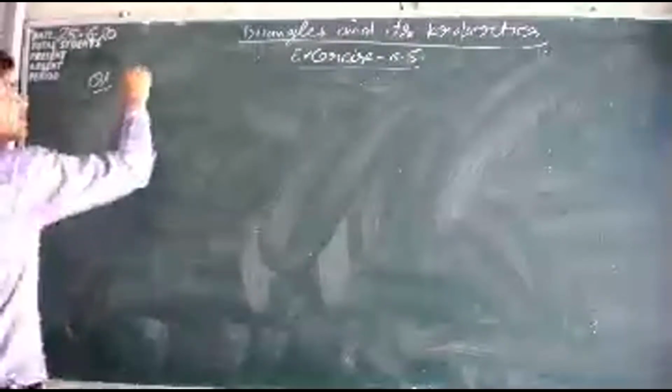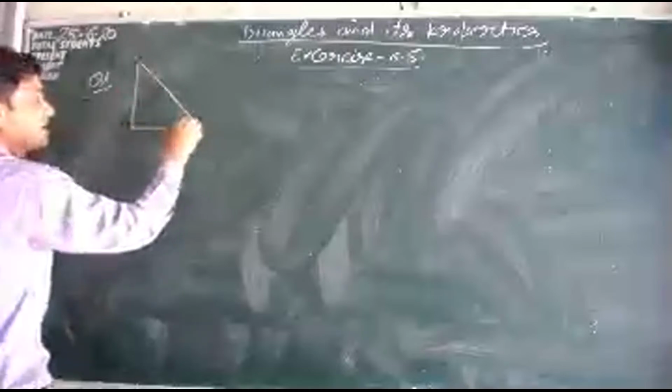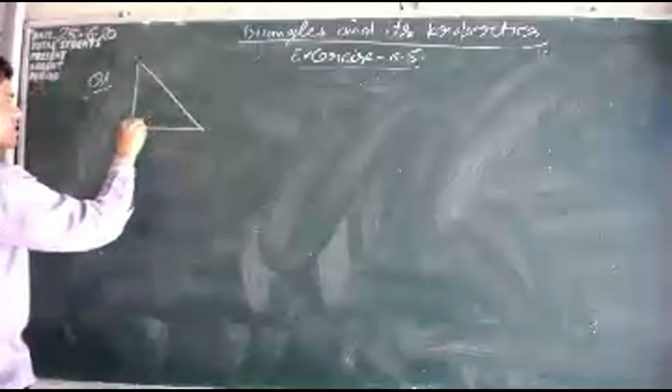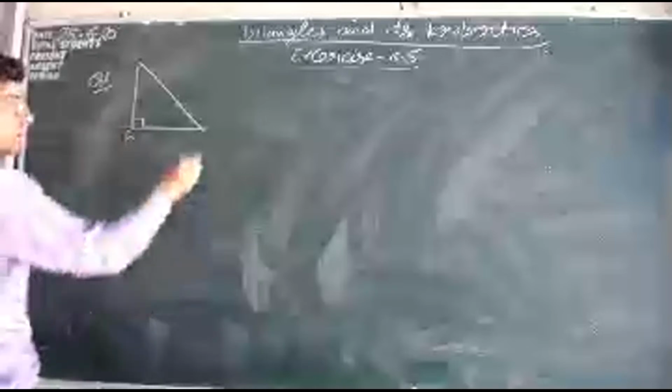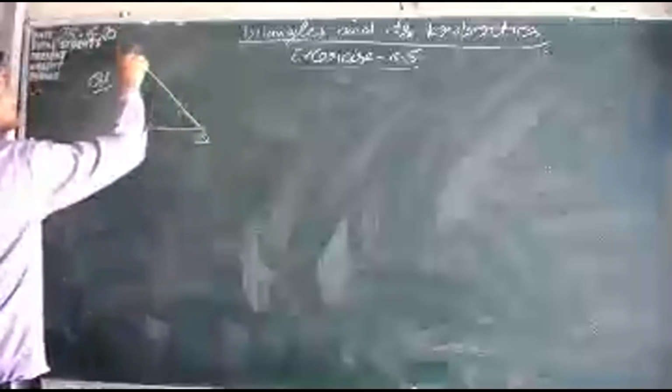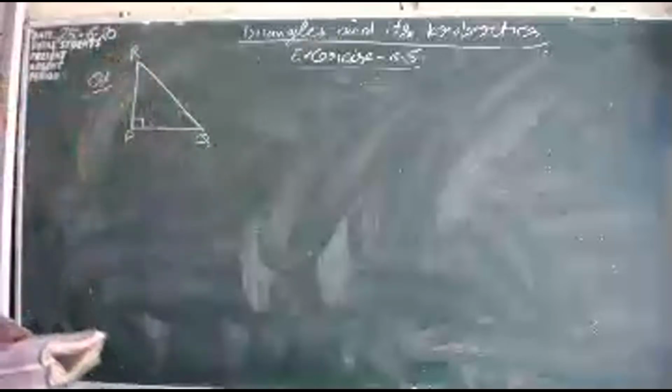Question number 1 is PQR is a triangle, right angle triangle at P. Right angle जो है वो किस कौन से पॉइंट पे P, P, Q and R. Okay, ये क्वेश्चन में गिवन है.